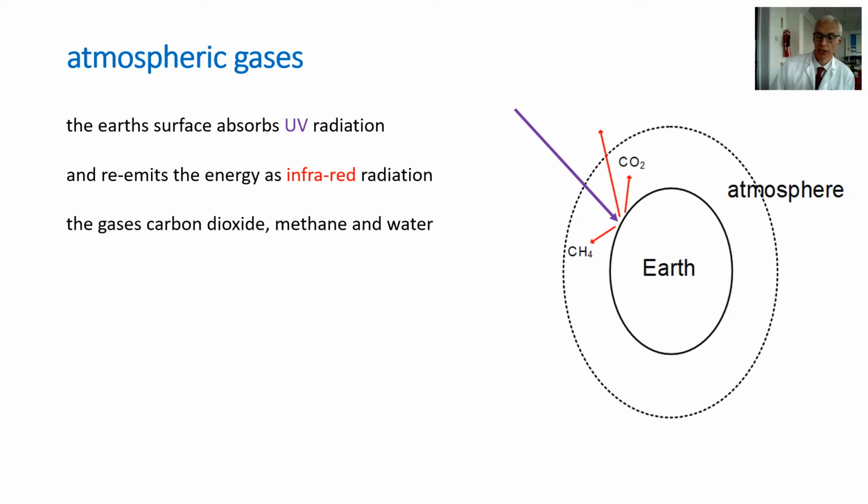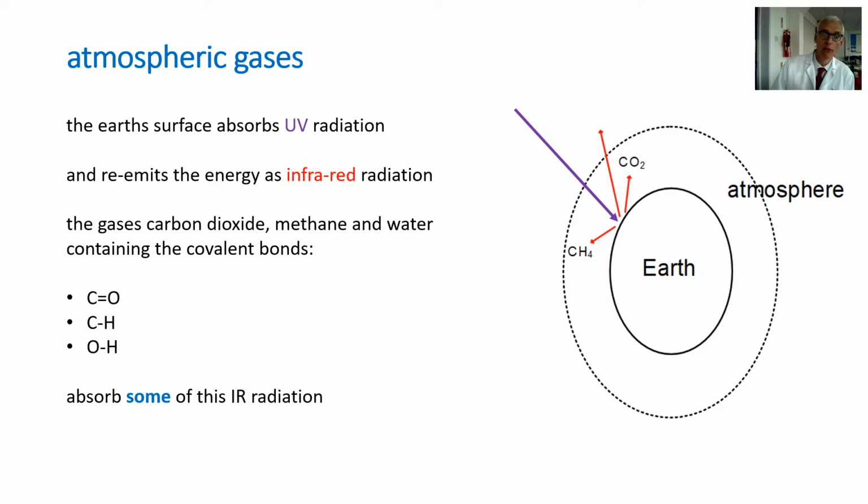And gases such as carbon dioxide, methane and water, which contain covalent bonds, such as the carbon-oxygen double bond and the oxygen-hydrogen bond, absorb infrared radiation, preventing it from escaping into space. Only some of the infrared radiation emitted from the Earth's surface does escape into space, and therefore heat is retained within the atmosphere.